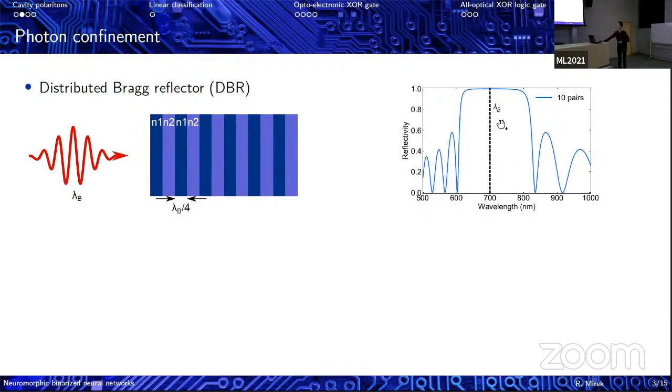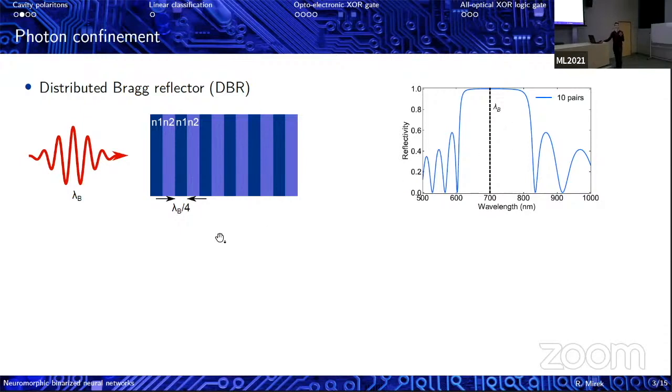So there is some area where the reflectivity is very close to 1, even equal to 1. That means that a photon which has a wavelength in this range will be completely reflected from the structure, so we will have full reflection.